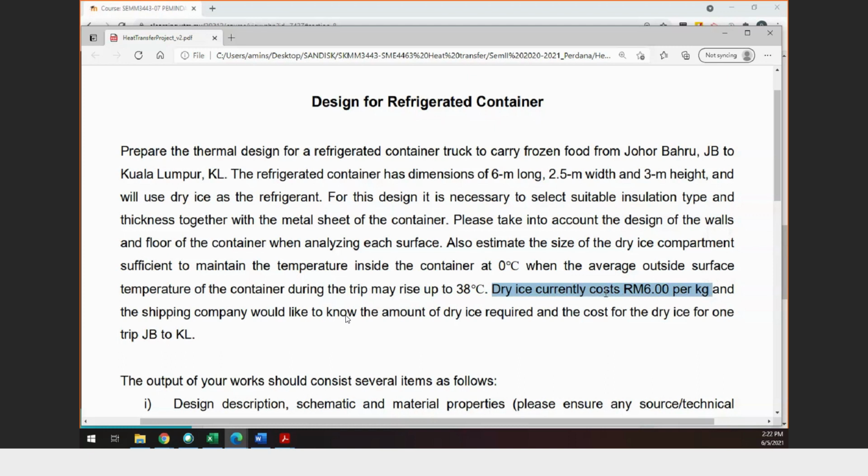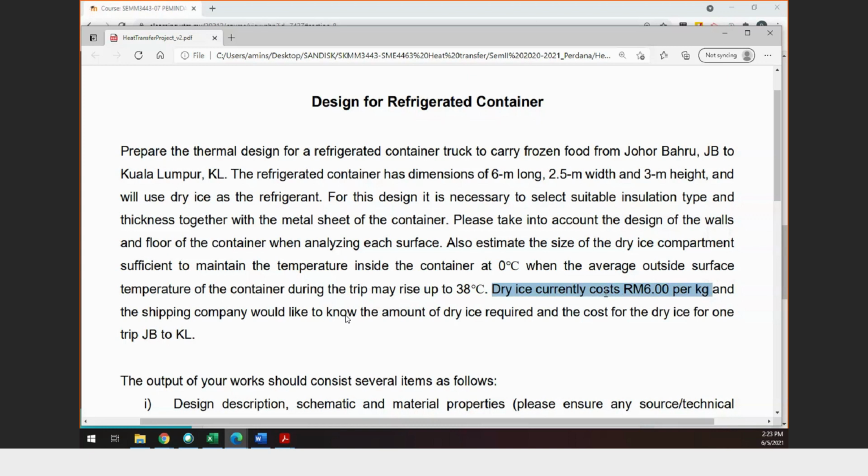As the shipping company requires, they want to know how much dry ice is required and the cost. So it purely depends on your design of the container. Of course you want smaller heat transfer loss in order to use less dry ice.